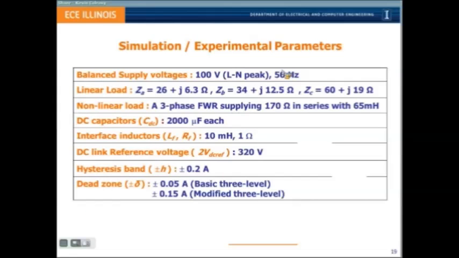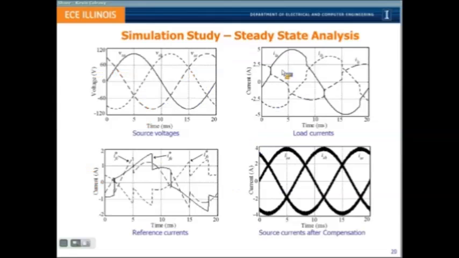So these are the simulation parameters that we have used for the system. A balanced supply voltage is used, and a linear load which is unbalanced, a non-linear load, interface inductances, and so on. These are the simulation results. The voltages are balanced and sinusoidal, and these are the load currents.